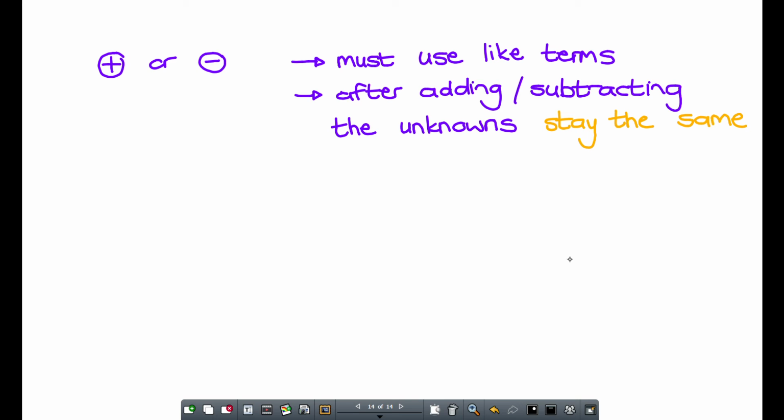Okay, now the next part is when we multiply or divide. Now when we multiply or divide, it doesn't have to be like terms.